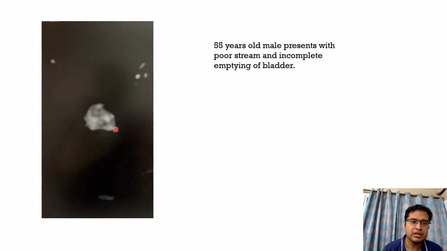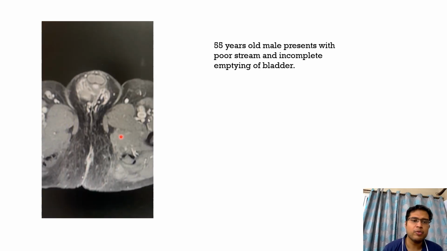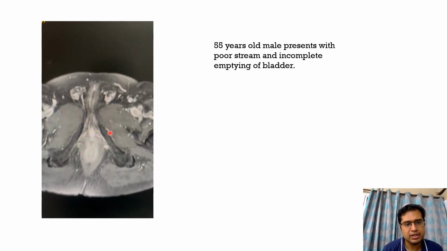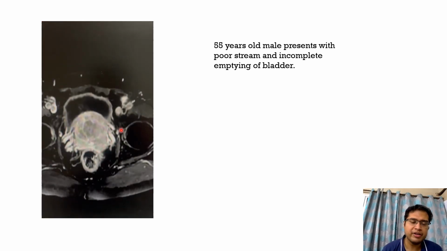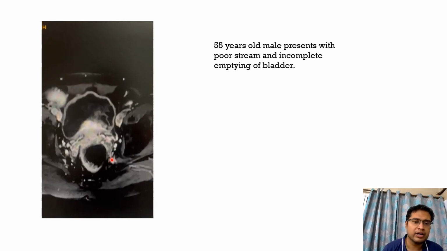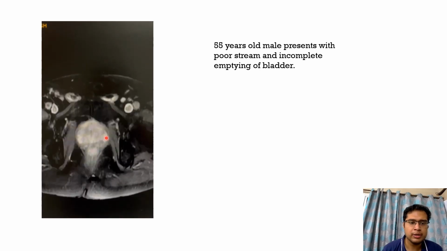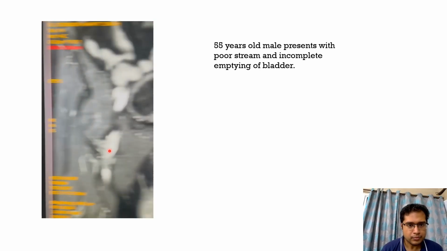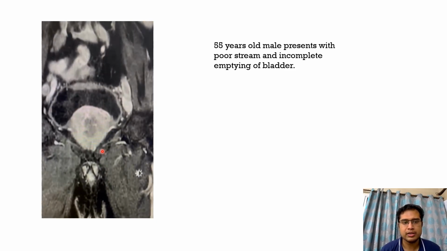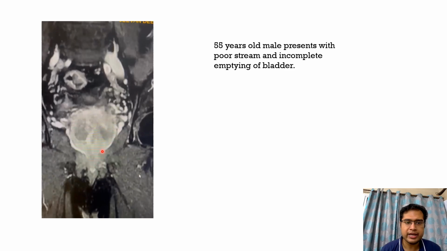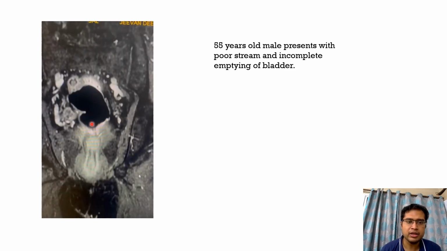These are the ADC images, where again there is no hypointensity that is seen. These are the post-contrast images. These are delayed images, where we don't see any abnormal contrast enhancement in any of the nodules. These are the coronal images post contrast, where again we don't see any abnormal contrast enhancement.